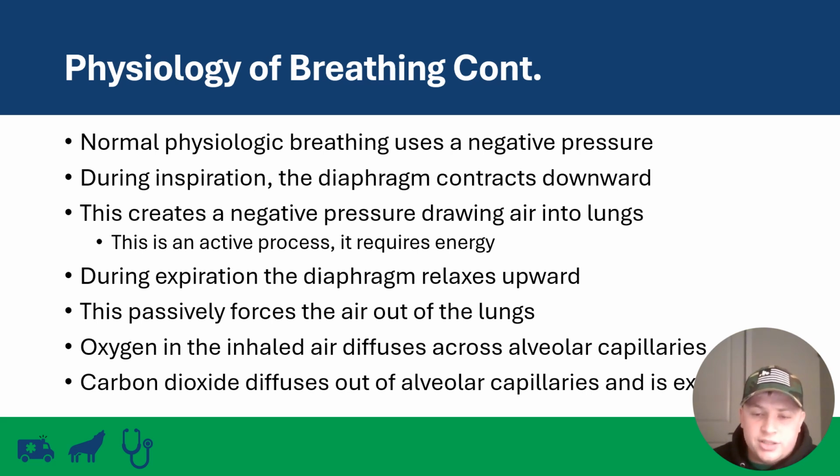So the blood that's circulating through our capillaries, that's coming from the venous system, has all those byproducts of metabolism, so it's got a higher level of CO2 in comparison to the air that we inhale. So that CO2 moves from an area of high concentration within the blood vessel to an area of low concentration in that air in our lungs, okay? And then vice versa with the oxygen. The oxygen's in high concentration in the air that we inhaled, but it's in a low concentration in that blood. So it moves from that area of high concentration in the air to the area of low concentration in our blood.